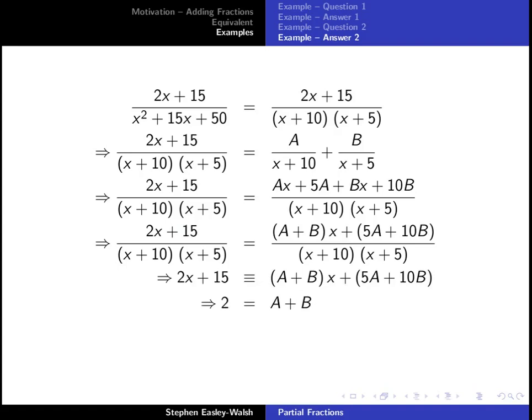And so we have that A plus B must be 2 and 5A plus 10B must be 15. This is a linear system to solve, but you can see the answer almost immediately. Clearly, if A equals B equals 1, we have the result. 1 plus 1 is 2, and 5 plus 10 is 15.